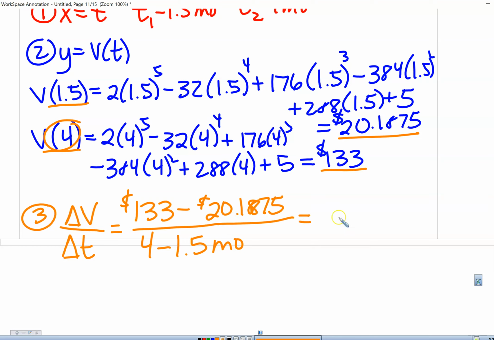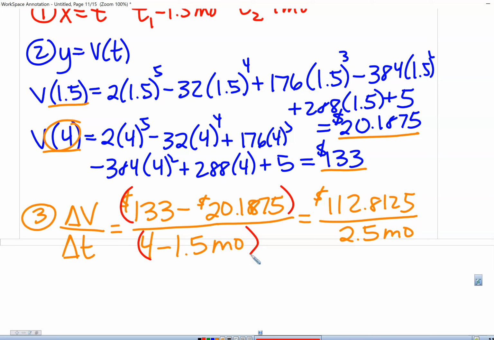Here I'm going to do the math. You can do it separately, so I have 112.8125 in dollars divided by 2.5 months. If you do it all at once in your calculator, do make sure that you put parentheses around both numerator and denominator.